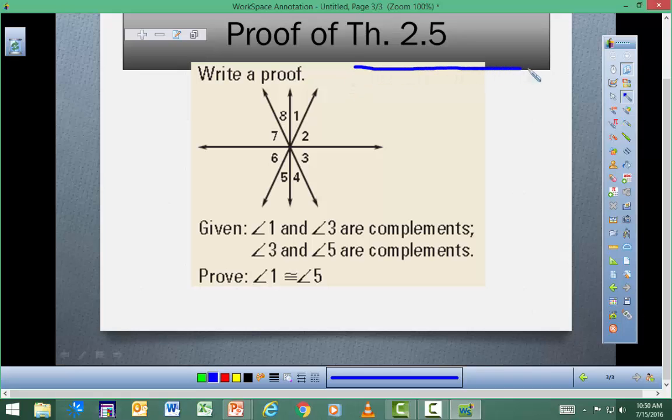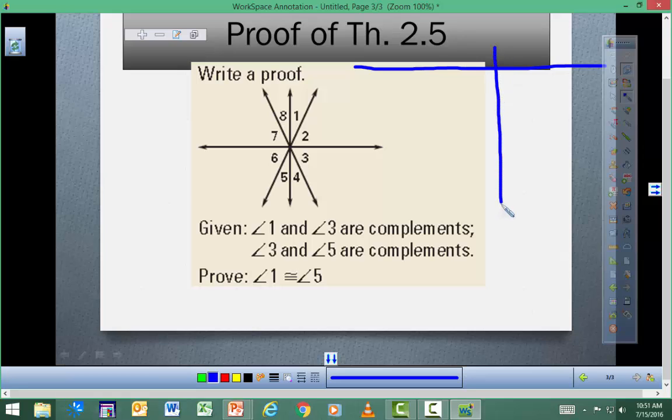We'll put the statements and the reasons right here, okay, like that. I'll just do them right here. So, line 1, line 2, line 1 is going to be like angle 1 and, well, let me back that up.